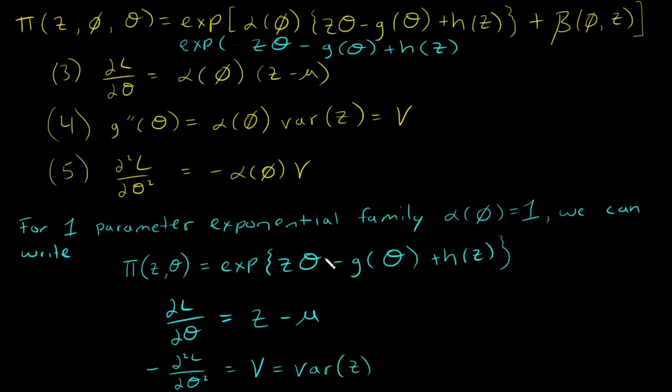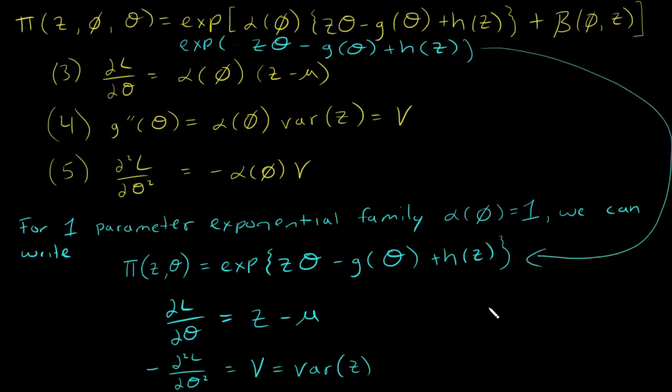Because alpha of phi equals 1, which is not a function of phi. So basically, this becomes beta of z, right? H of z and beta of z can be absorbed together into just being h of z, which is why we don't write it as two separate functions. H will absorb whatever was there, and then you end up with what we see here.